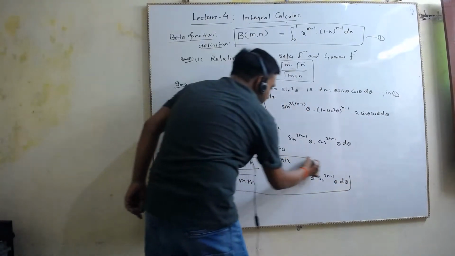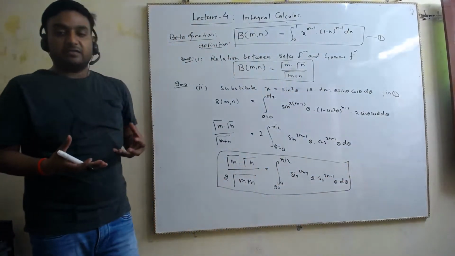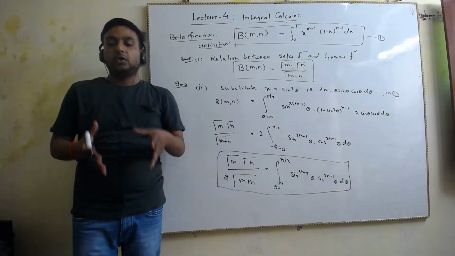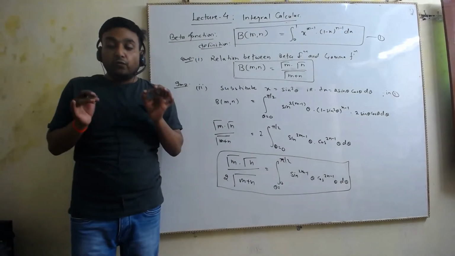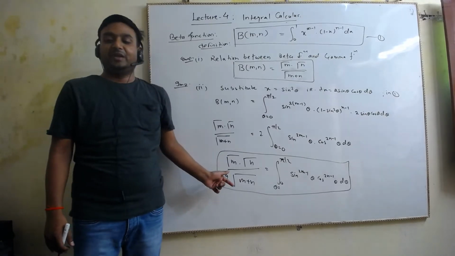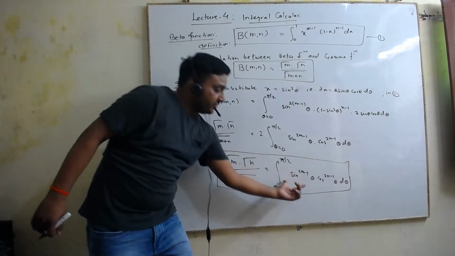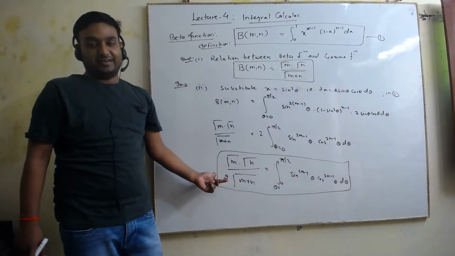Please do remember this relation, because while calculating integrals either in vector calculus or integral calculus, area, volume and all, we will be in dire need of this formula. Whenever you have some integration like this, we will be using this relation.